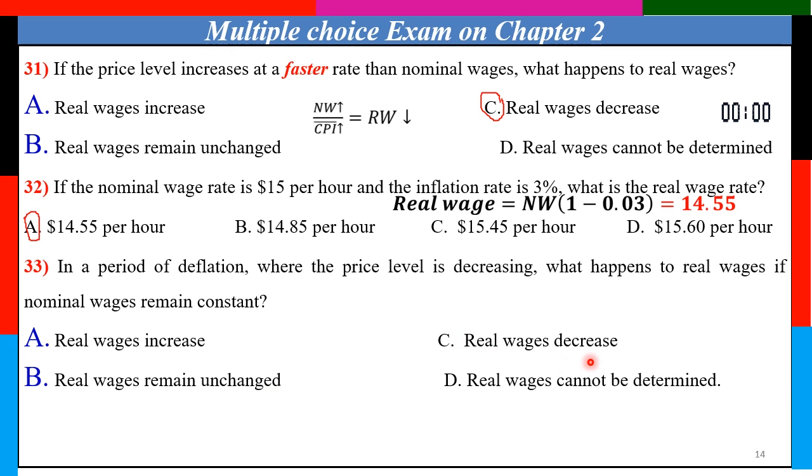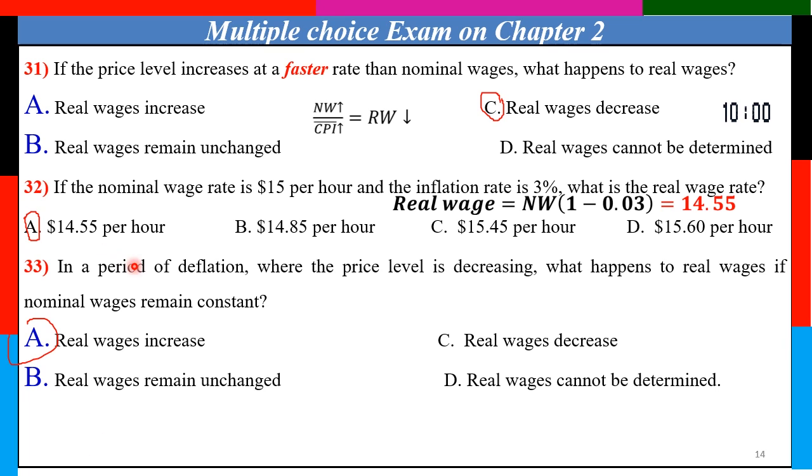C. Real wage decrease. D. Real wage cannot be determined. The answer is what? A, real wage increase.